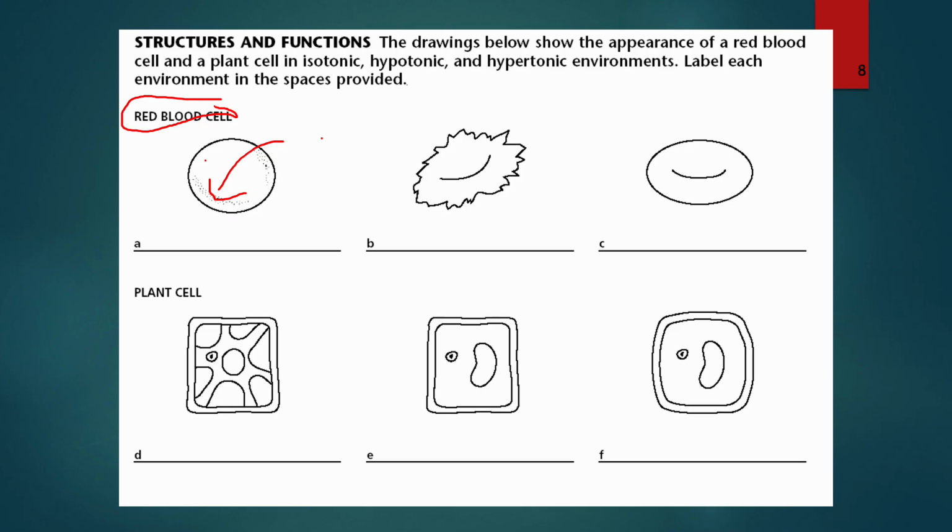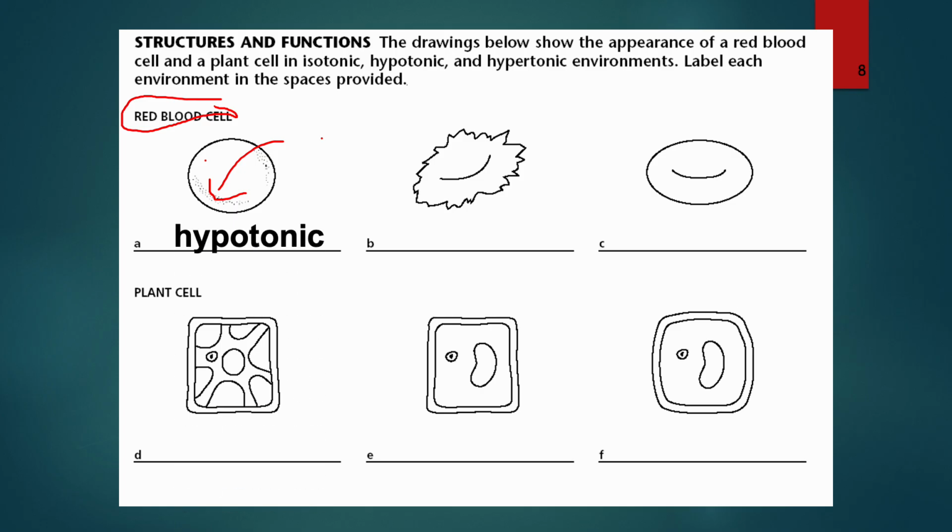The reason water would move into the cell is because there's a higher concentration of water or higher water potential outside the cell. So the water moves from high potential or high concentration to lower potential inside the cell. That represents that the cell is in a hypotonic solution.